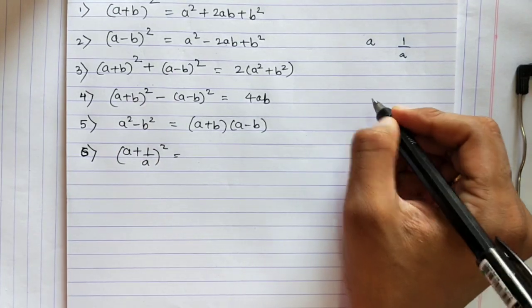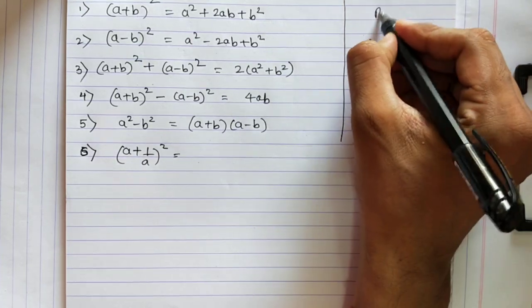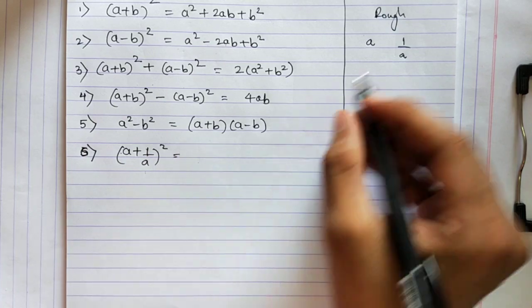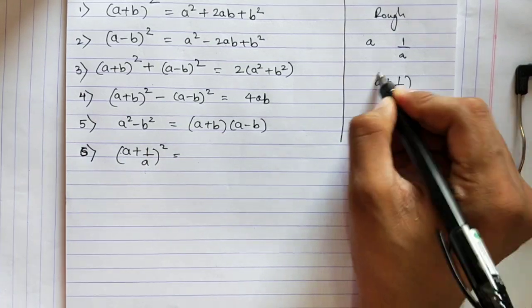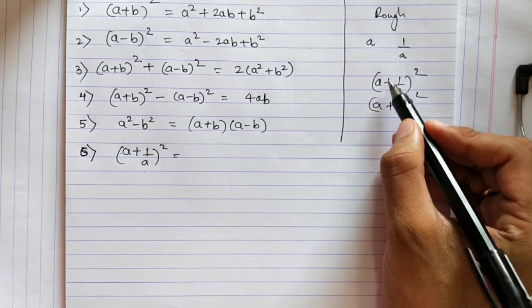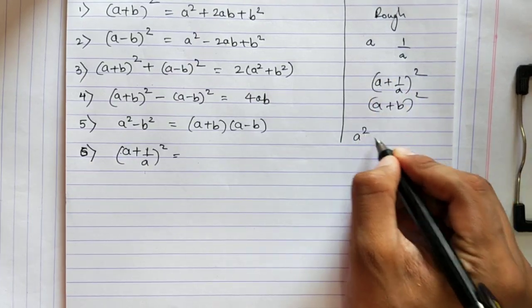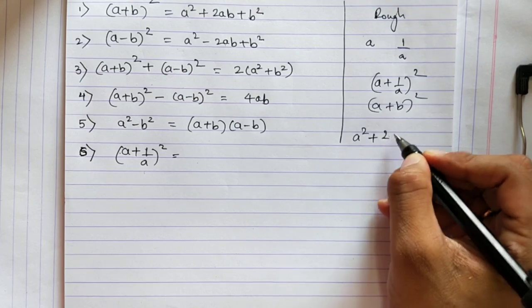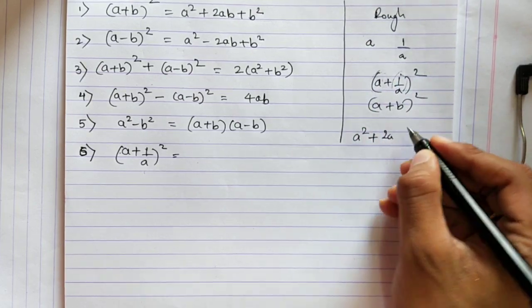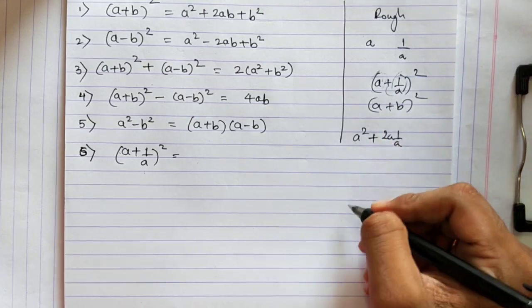See, I'll do the rough work here. These are the formulas. So a plus 1 upon a, look at it as (a plus b) the whole square. So a square plus 2ab, 2 times a and b, where a is a and b is 1 upon a, correct?